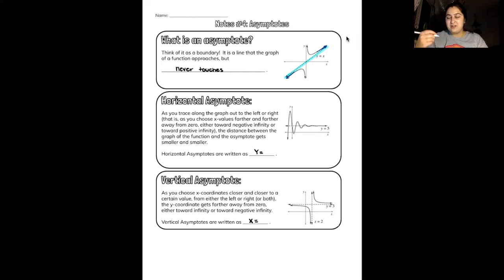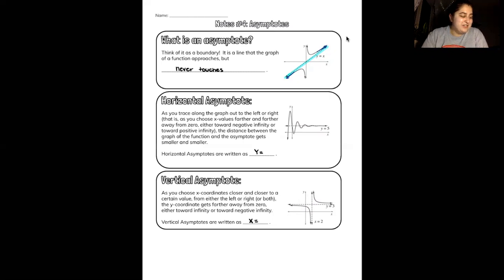We get really, really close to the point where we're like decimals away from it, but we'll never actually equal the exact number, right? So it looks like this function is touching this dotted line, but it's actually not touching it. It's just getting really, really close and then just kind of settling right alongside it for eternity, right? The arrows mean for forever.